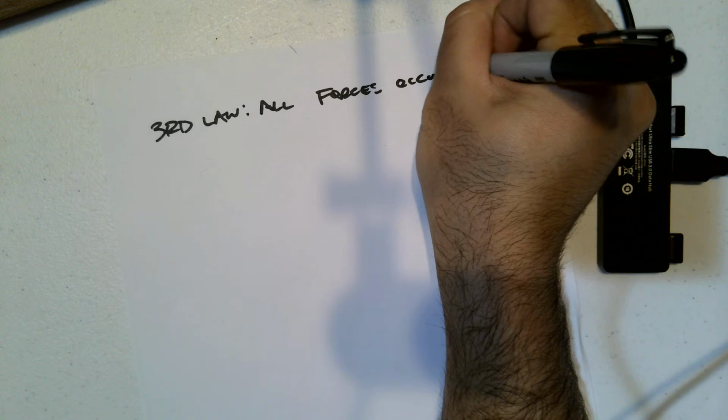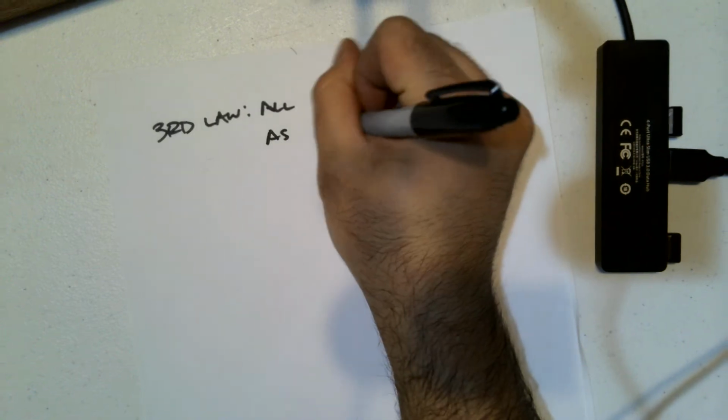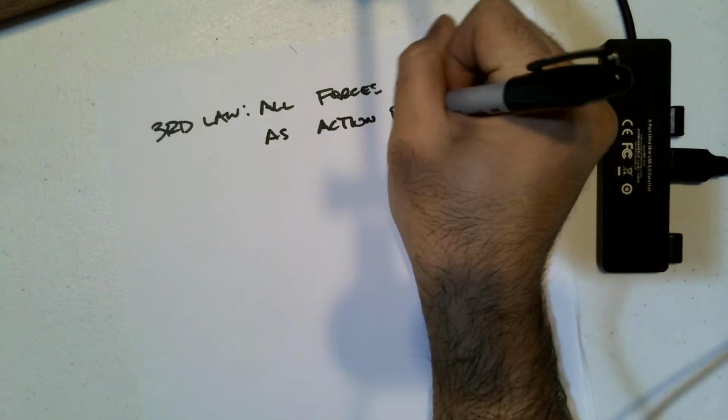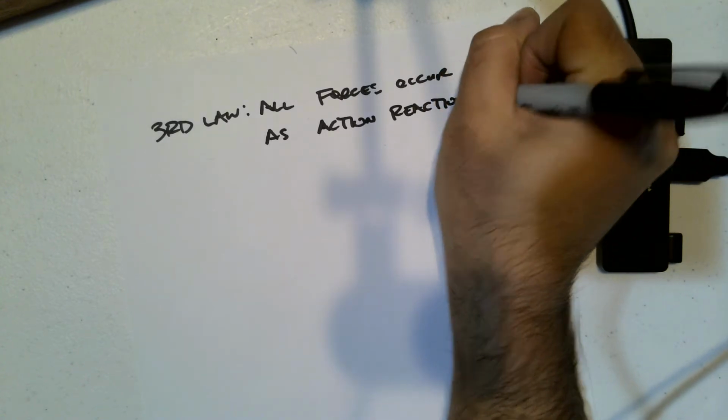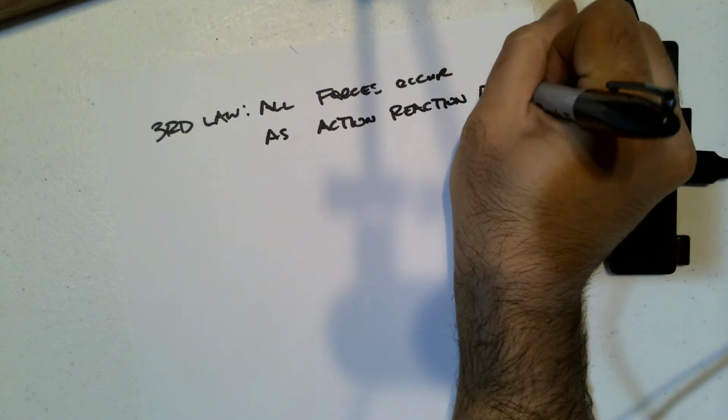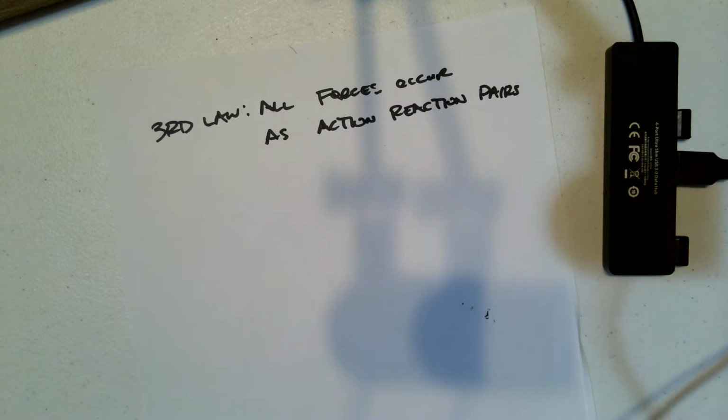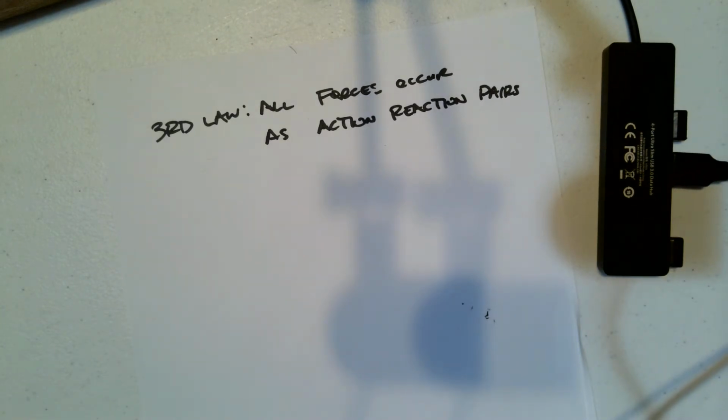occur as action-reaction pairs. What that means is that there's no such thing as an isolated force on its own. Every force that exists in this world has its own action-reaction pair.